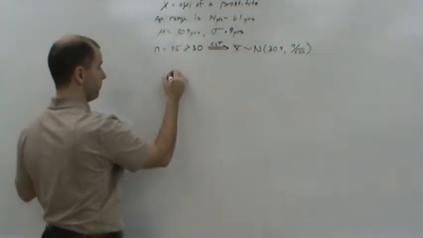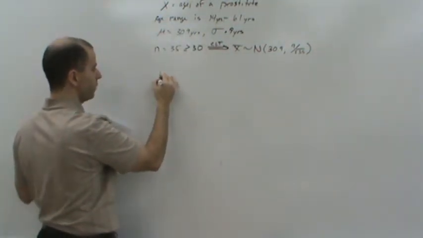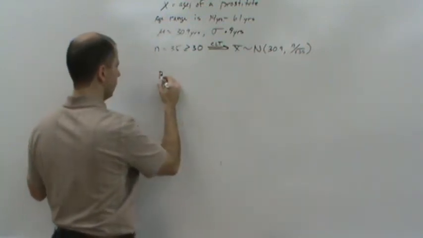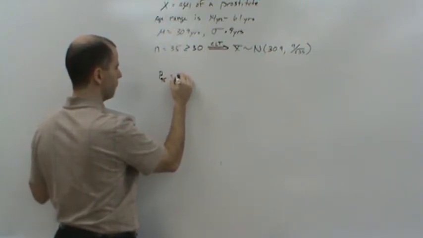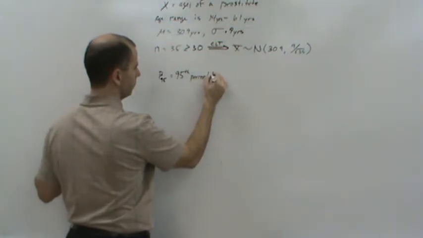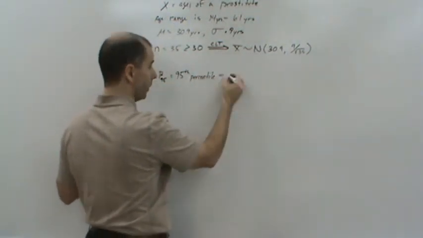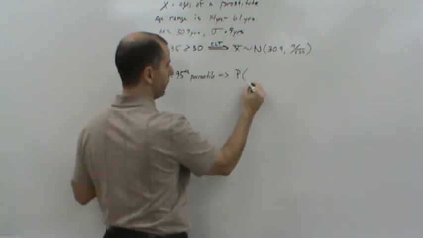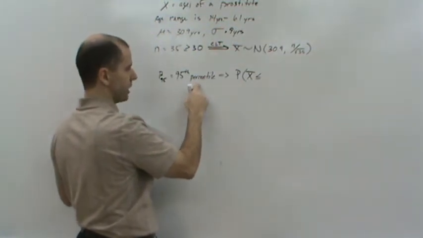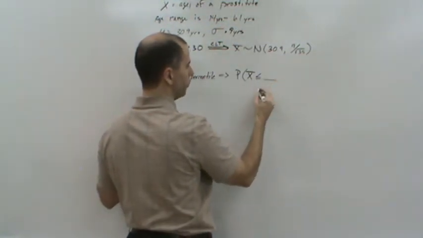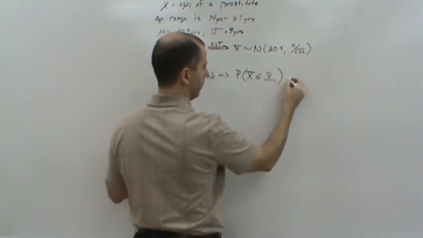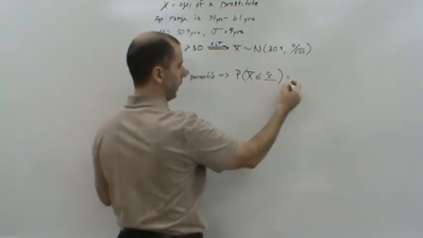So here's the idea. 95th percentile, P95, implies that the probability that X bar is less than or equal to, remember, percentile, less than or equal to some X value is equal to 0.95.